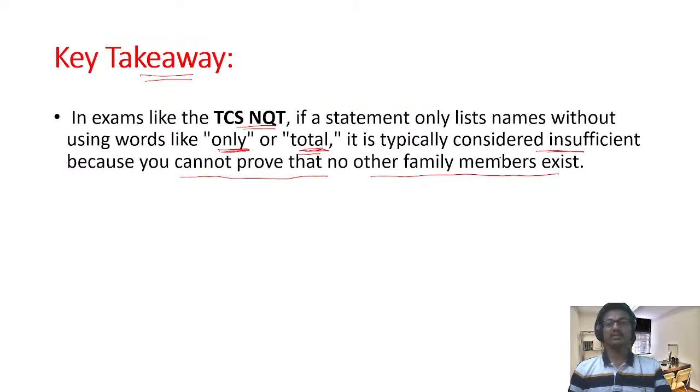You practice more and more questions, then you'll come to know. Look for these kinds of words. If such words are missing, you can easily say that statement is insufficient, because from that statement you cannot prove that they are the only family members.